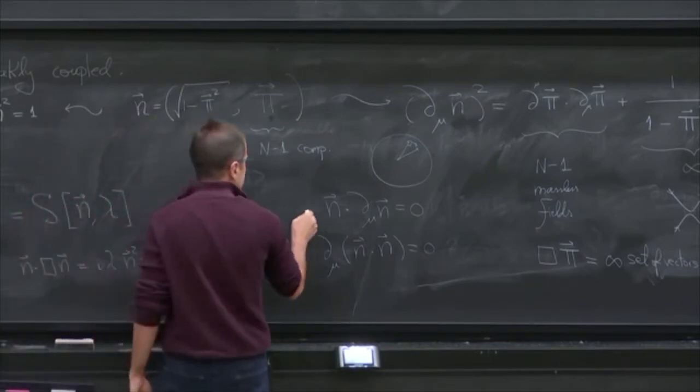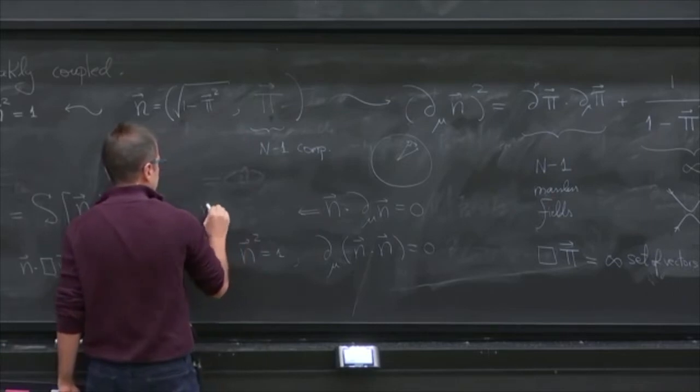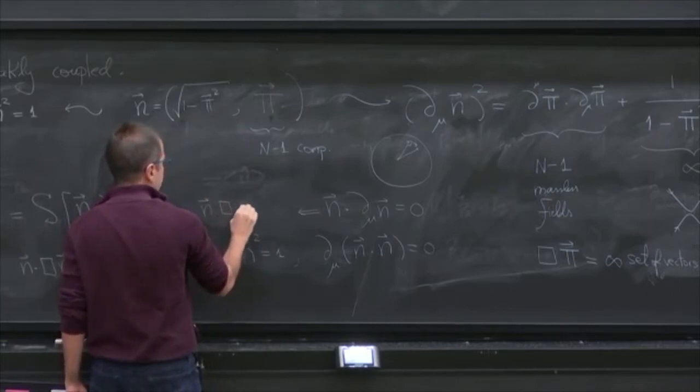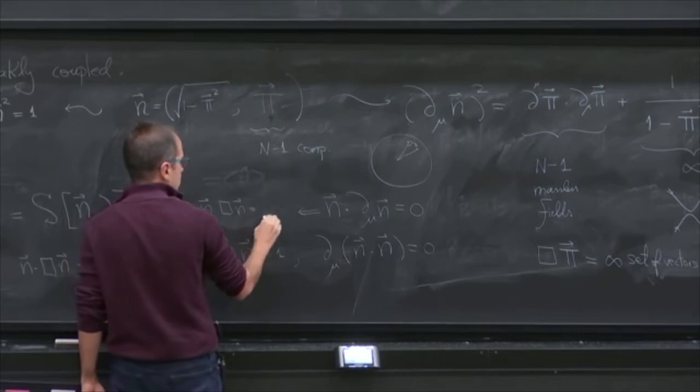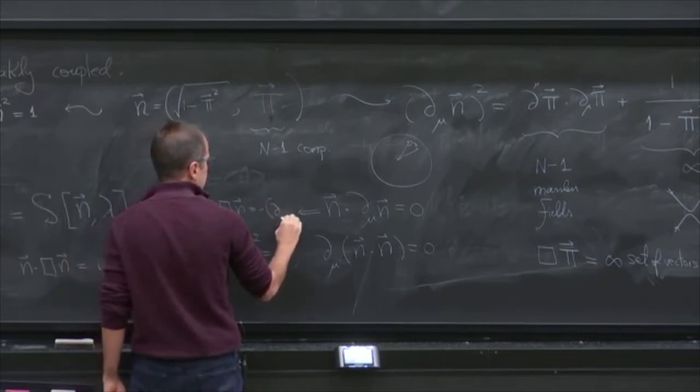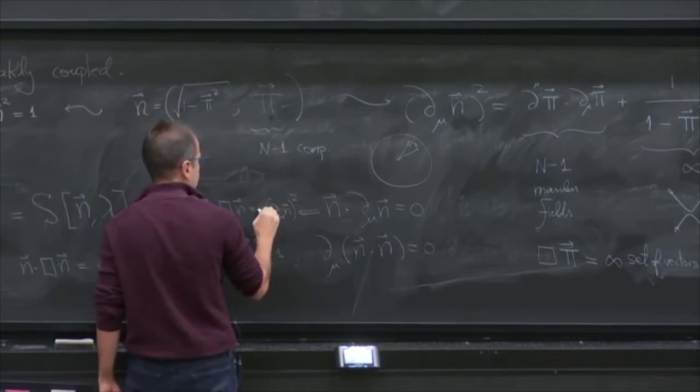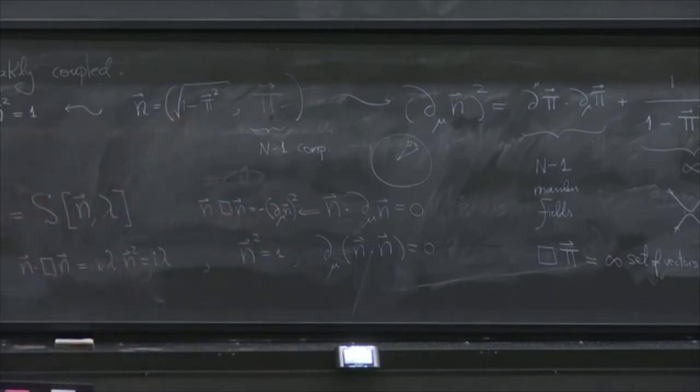And that means when I take one more derivative, n dot box of n is equal to minus derivative of n squared. If I take one more derivative, I get derivative n dot derivative n plus n dot box n equals 0, and so I get this. And so this factor here, n dot box n, is minus del n squared.